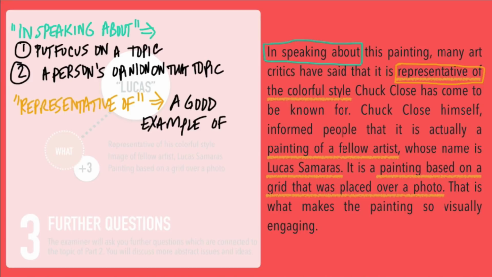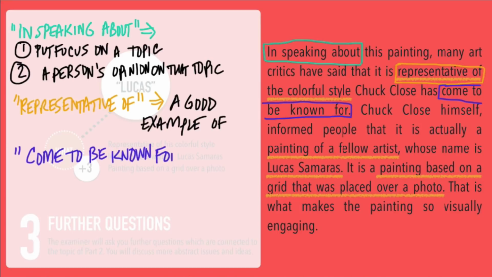Okay, let's keep going to the next one. Has come to be known for. So let's write it here. Come to be known for. Now, this pattern is actually very similar to a pattern we mentioned a little earlier in this video lesson.